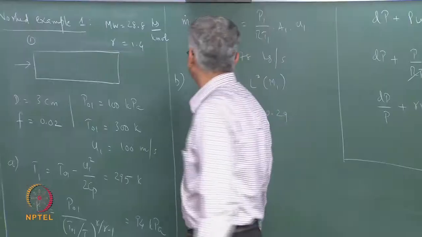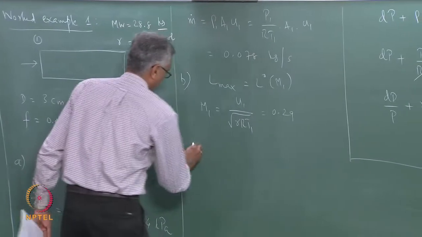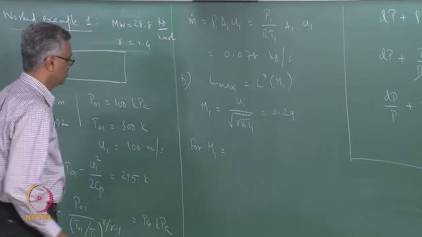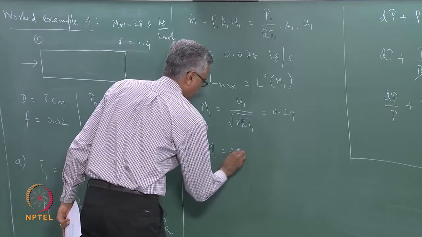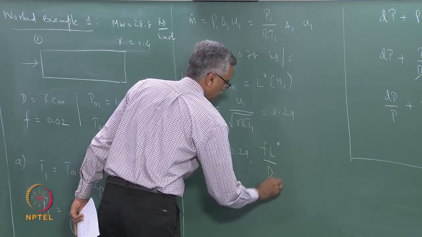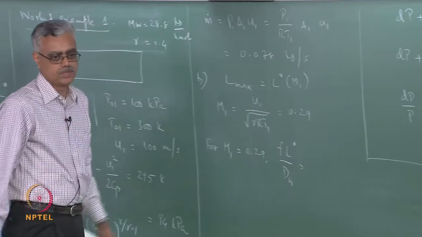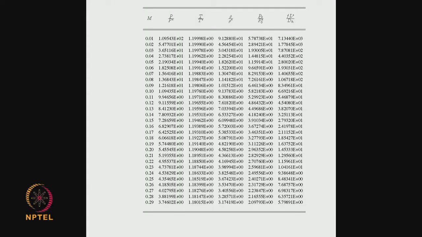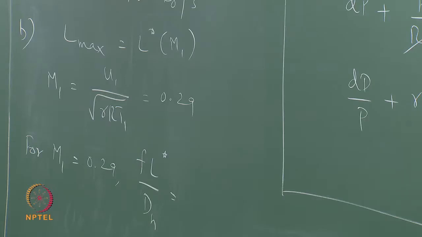Let us write this down. So, for M1 equal to 0.29, FL star over DH comes out to be approximately 5.8, right? Let us use 5.8 for this.